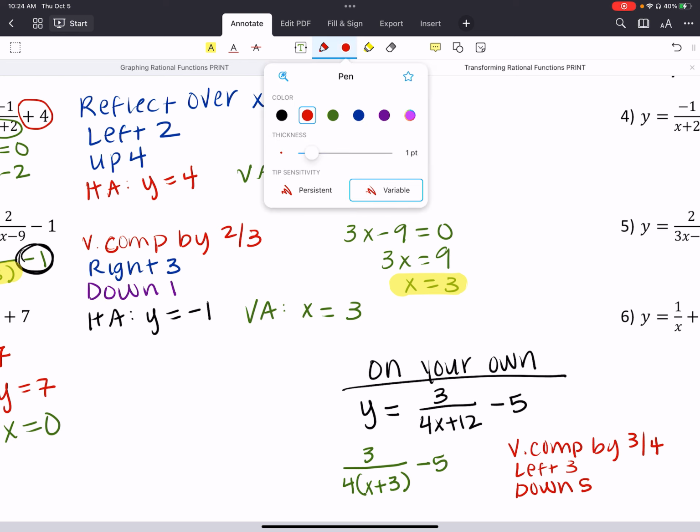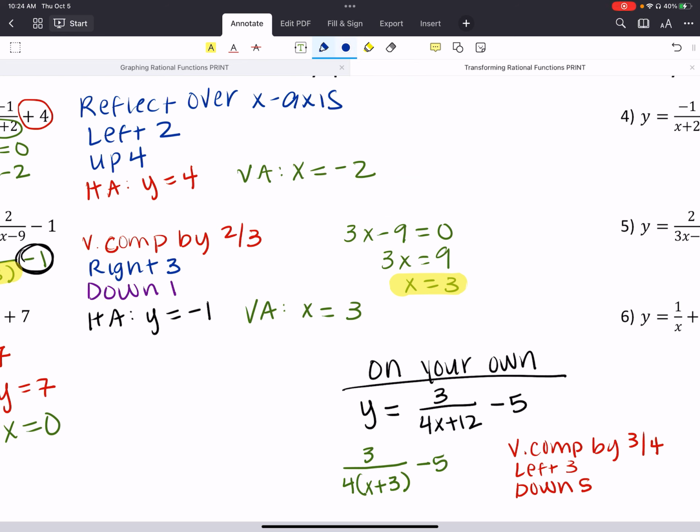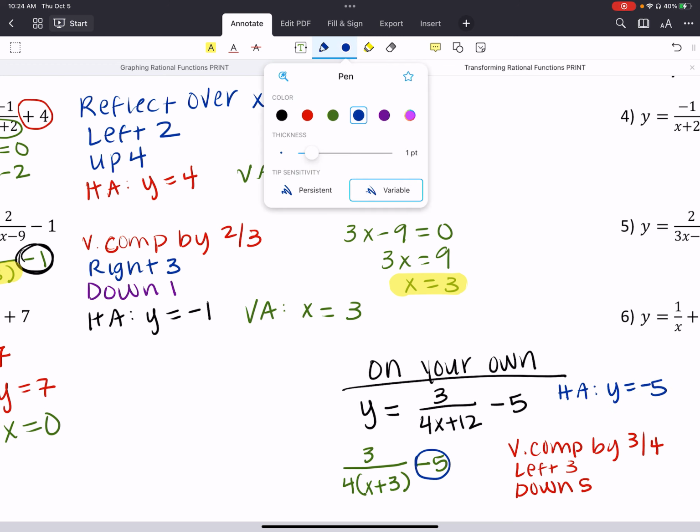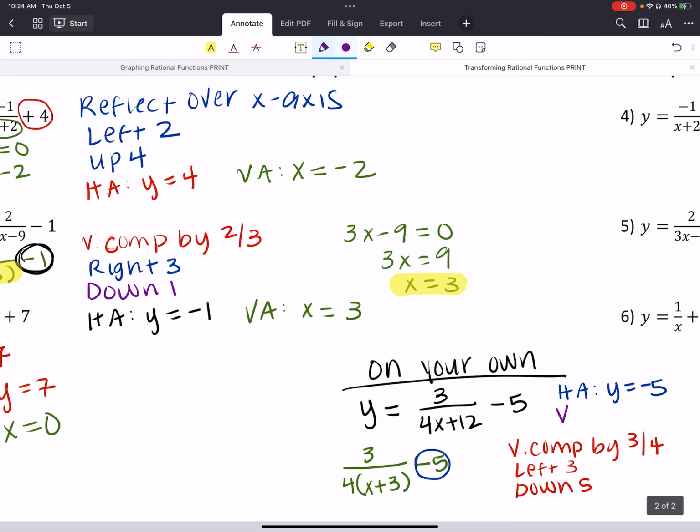Then when we write our asymptotes, our horizontal asymptote is y equals -5. And then our vertical asymptote, we set this equal to 0, so x equals -3. And we're done.